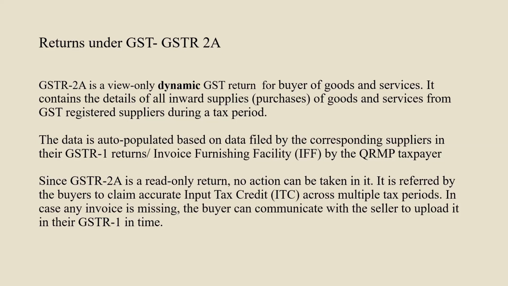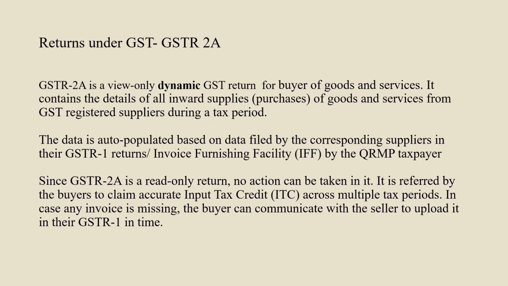It will keep changing every time. But 2B is static, because with that return of 2B, your ability to take credit of input will get frozen. But your 2A will keep on changing from day to day. And therefore, it's not that important, but you can see how much is the tax that I have paid.